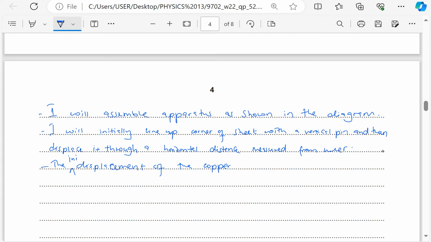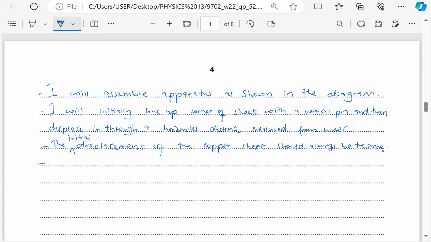The initial displacement of the copper sheet should always be the same. So we should always displace the different copper sheets through the same distance.